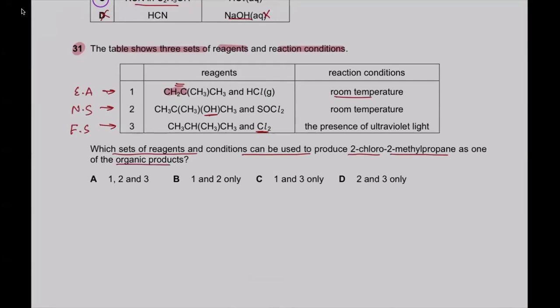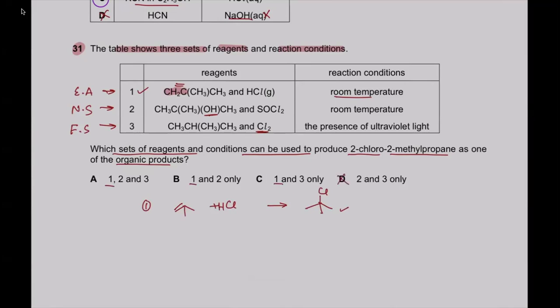Okay. So if we go for the first one, there is a double bond, and then there is a CH3. So if I react with HCl, hydrogen goes to the carbon on the left and the carbon in the middle gets the chlorine. So we are getting 2-chloro-2-methylpropane. So reaction 1 will give you the product.